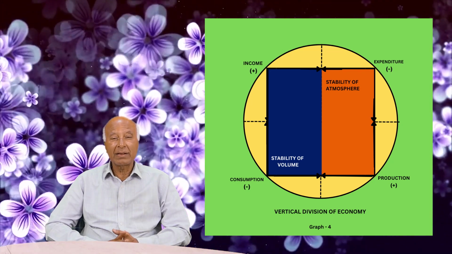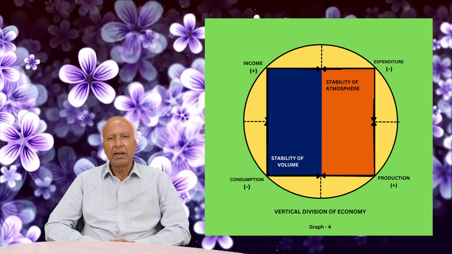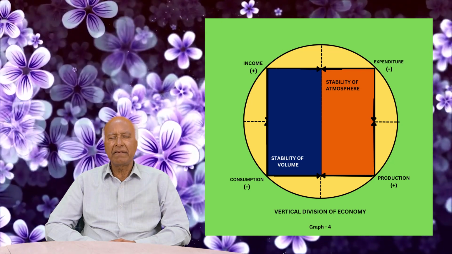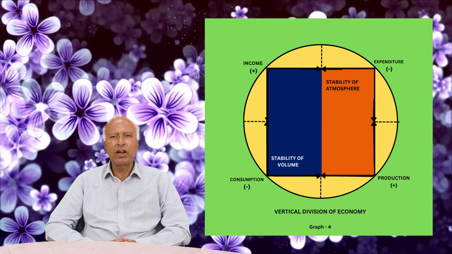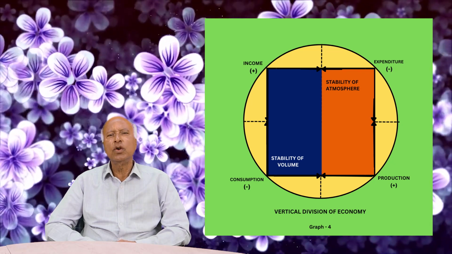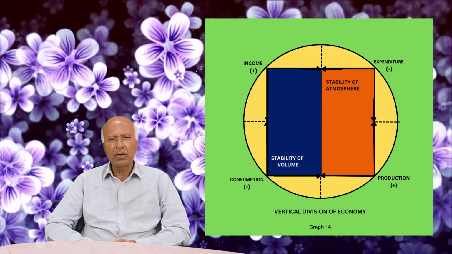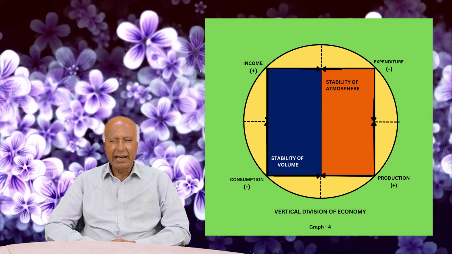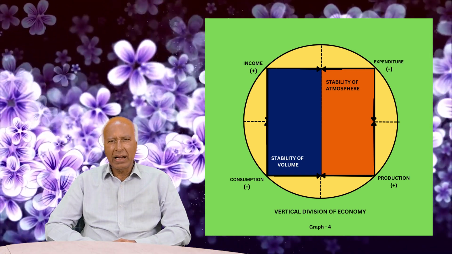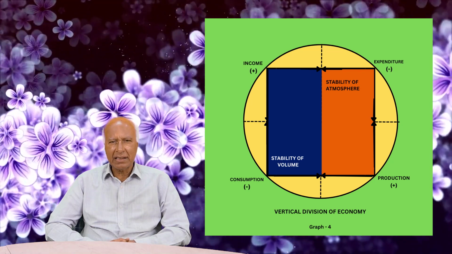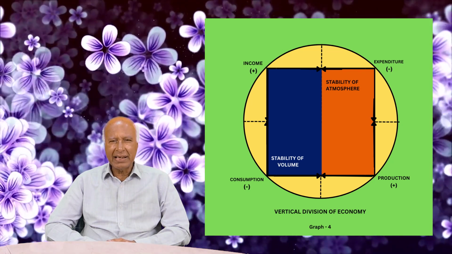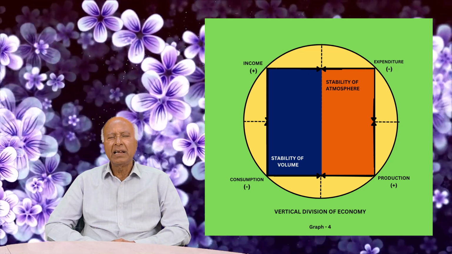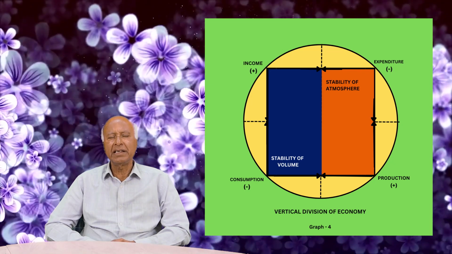So imports always affect the national economy adversely, because the currency has to go out of the boundaries of the nation, and the exporting country, its industry, is benefited rather than the domestic industry.